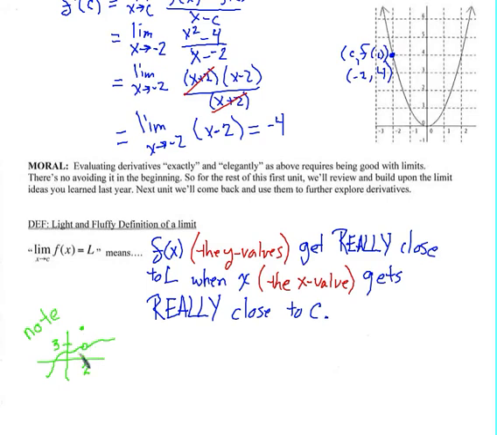So in this case, the limit as the function approaches 2 is 3, even though the value of the function at 2 is something different.